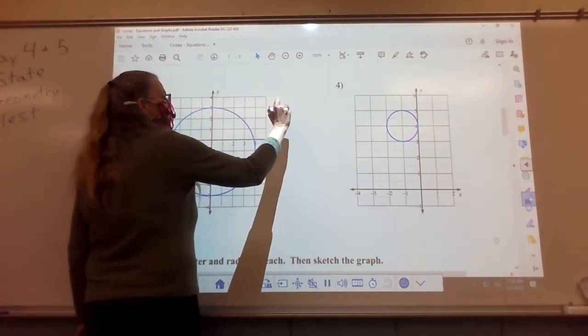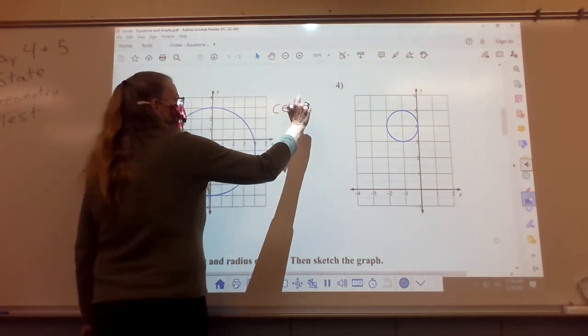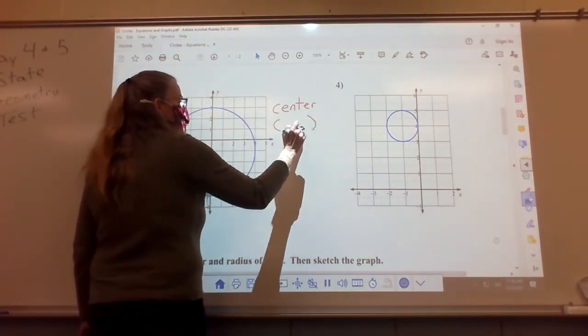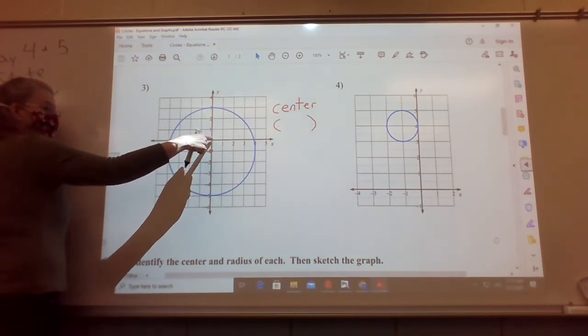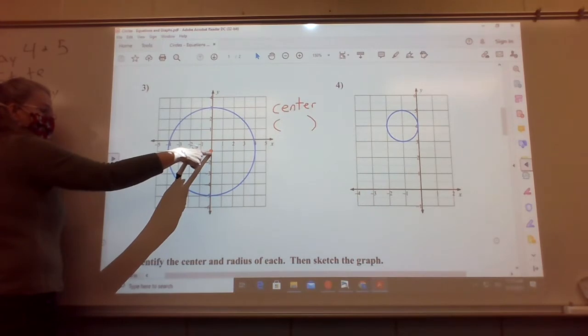Now, when I'm talking about the center, I need an ordered pair. I need a coordinate. So if I were going to write the coordinate for that red dot, what's the coordinate for the dot? Well, it's not quite the origin, because the origin is smack dab here. So this is the origin, 0, 0.